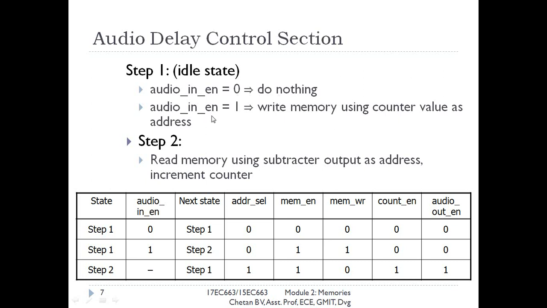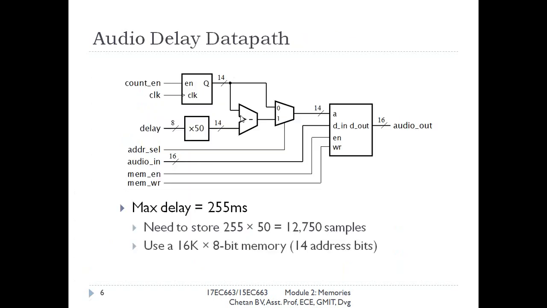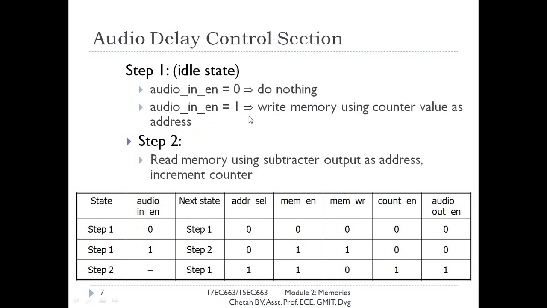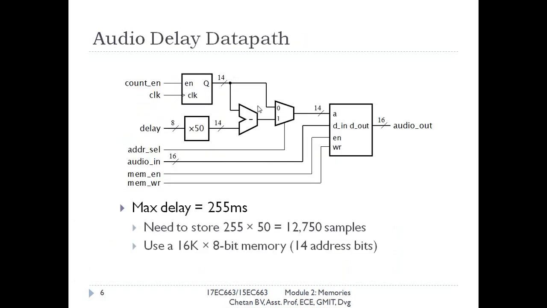When audio in enable becomes 1, the input sample should be accepted by this memory and placed in one of the locations. That is, a write operation will be performed using the counter value as address.